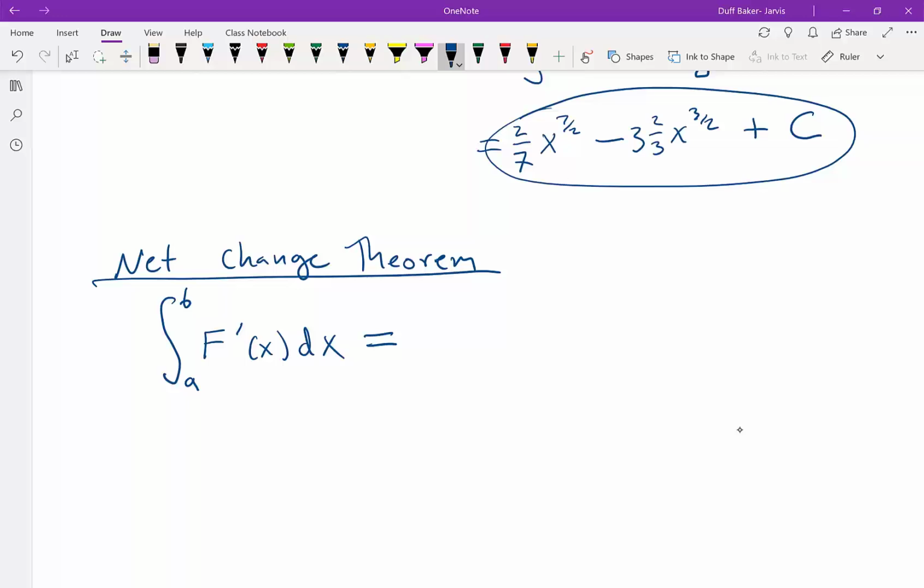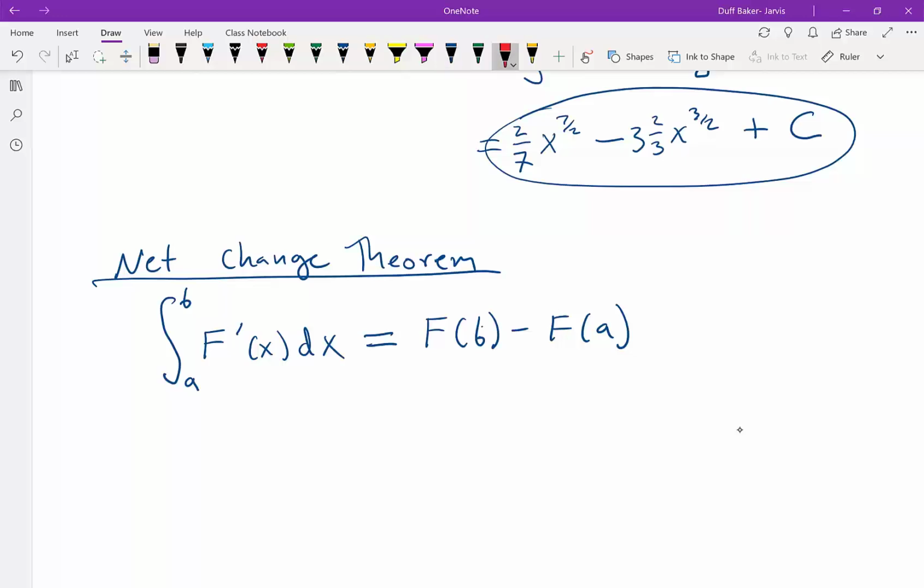Well, the fundamental theorem of calculus would say that to calculate this, I would find an antiderivative of this. So I need something whose derivative is f prime. Well, that's clearly just going to be capital F itself, right? The antiderivative of a derivative is just itself. So this would be just F of b minus F of a. Okay, so this is the net change theorem.